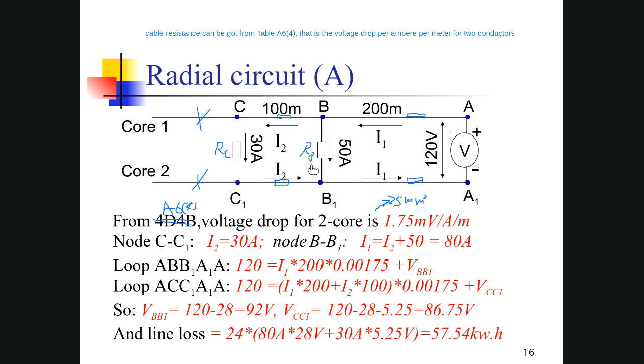For load B here, the current I2 and R1 come in, I2 out and 50 out. So we can estimate R1 equal to I2 plus 50 amperes, that is 80 amperes. Therefore, we can look at the voltage drops.